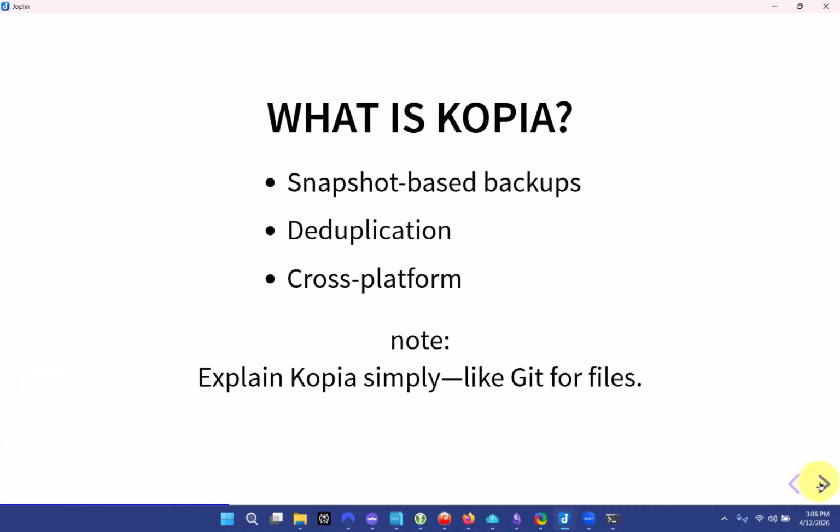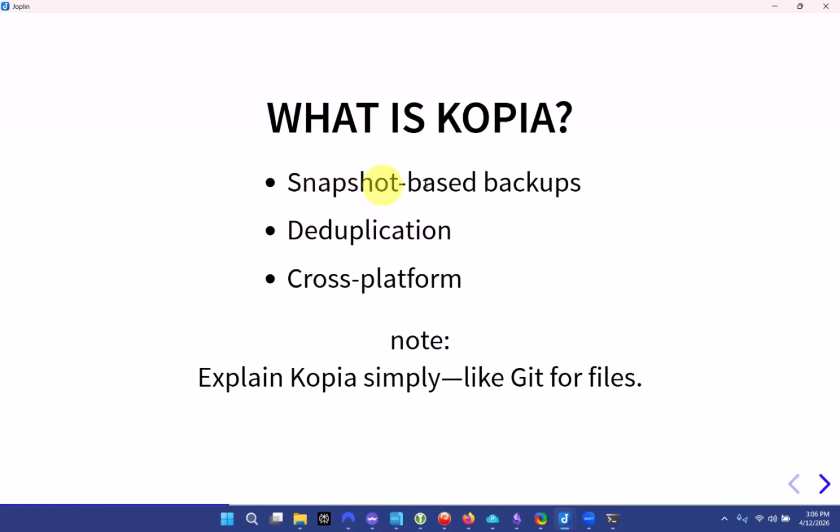What is Copia? It is a snapshot-based backup, and it is not to be confused with snapshots that you would get in a virtual machine or snapshots that you would get with imaging disk software.